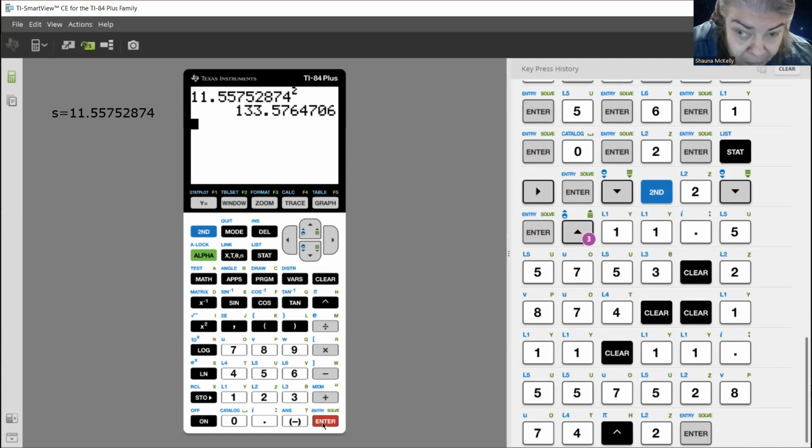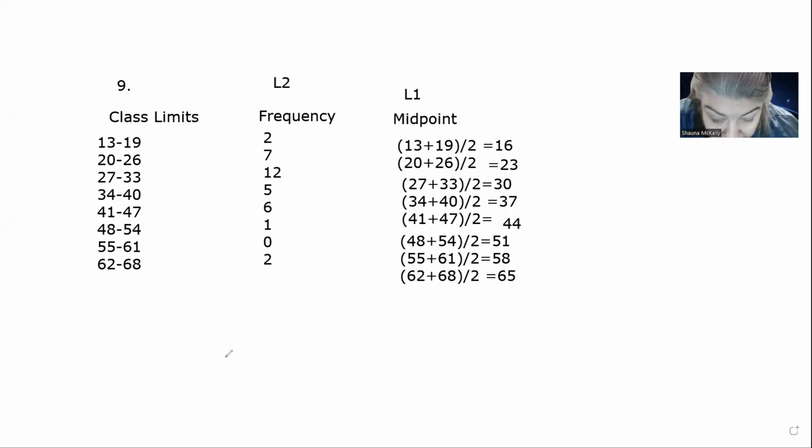So your answer, this is my S squared now. Okay, this is my variance. So this standard deviation that you see off in gray, this 11.55, we're going to call this 11.6. By the calculator work that we just did, S, and remember that's our standard deviation, is 11.6.